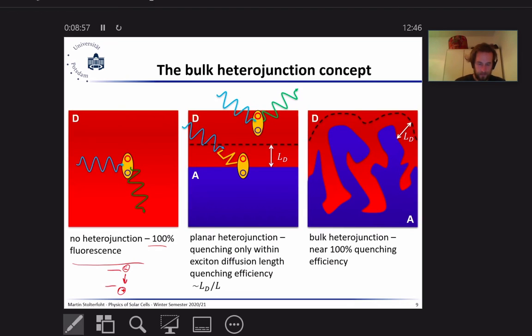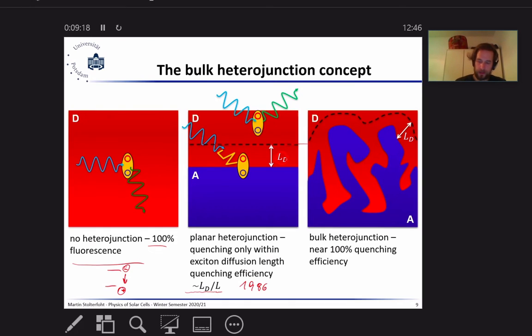In the 90s, or '86, they already had bilayer principles where you can only collect charges within a certain range. So only 10 nanometer of the solar cell contribute to the current.